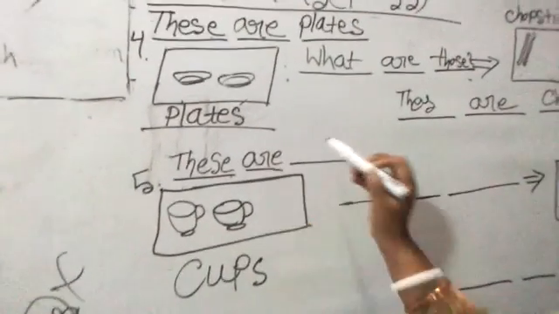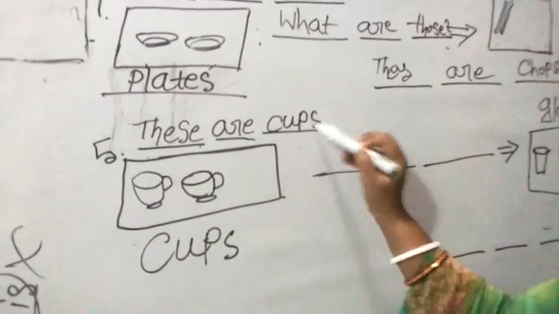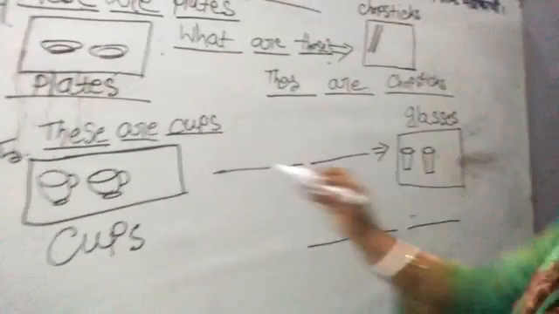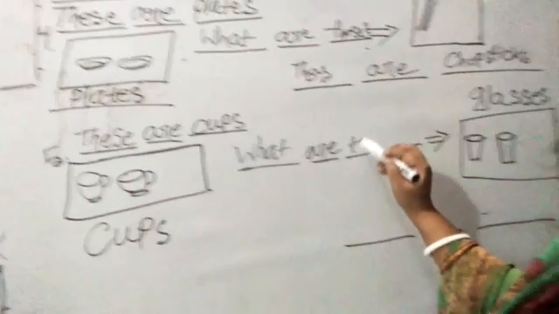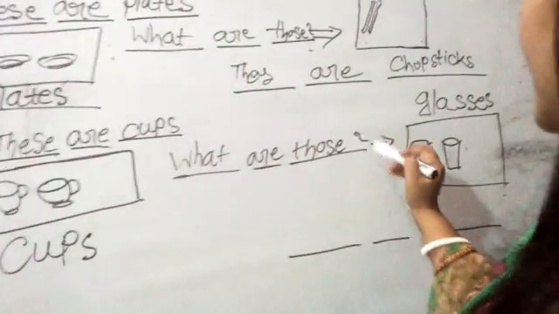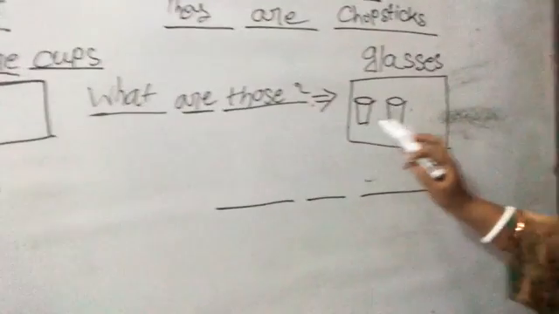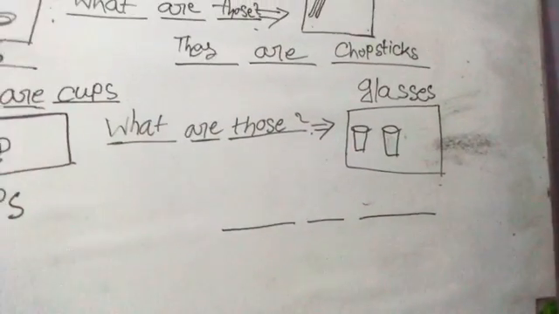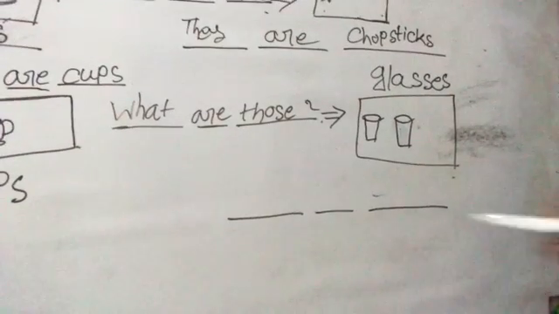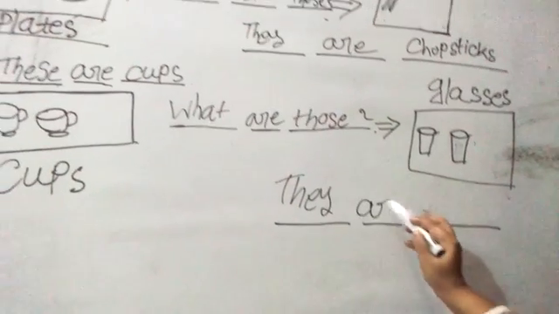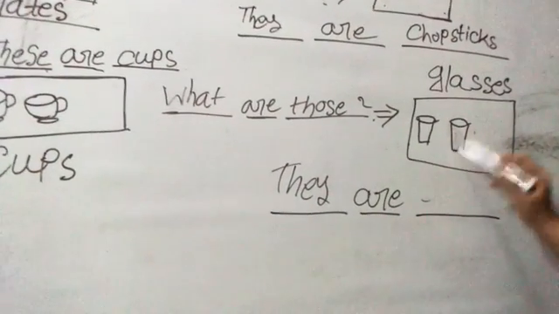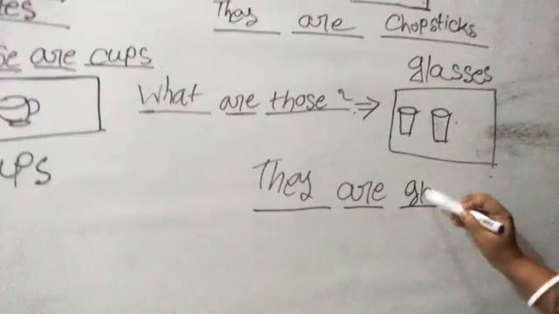What is the picture? Cups. These are cups. Now the question will be, what are those? As you can see, there are two glasses. So we have to write that they are what? They are glasses. Okay.